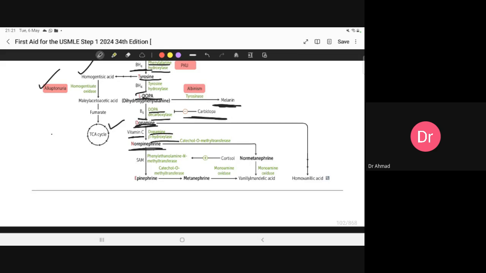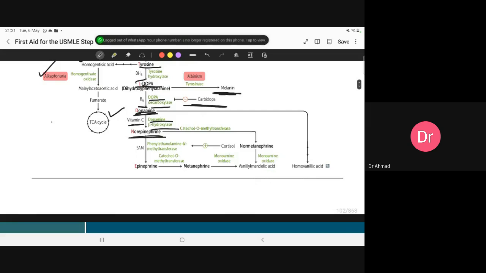Now dopamine is converted into norepinephrine, and norepinephrine is converted into epinephrine. I'll try to make this very easy for you. First, you should remember that dopamine can directly be converted into homovanillic acid.